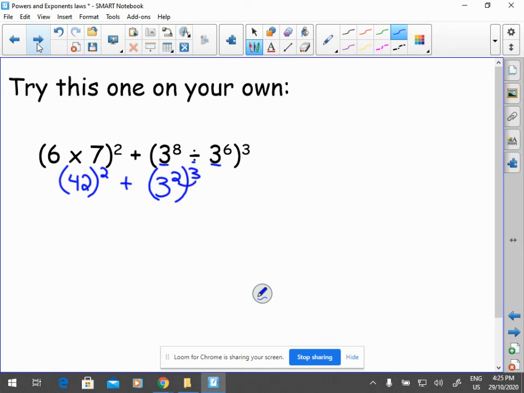Because I have a power raised to another power, I'm going to multiply them, which gives me 3 to the power of 6. So in the end, I'm saying 42 squared plus 3 to the power of 6. So 42 squared is actually 1,764, and 3 to the power of 6 is 729. So if I add my two answers together, my final answer is 2,493.